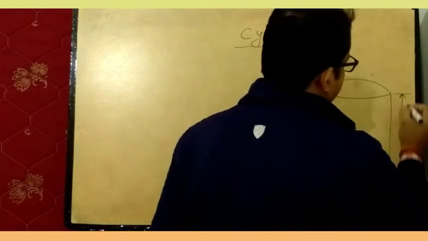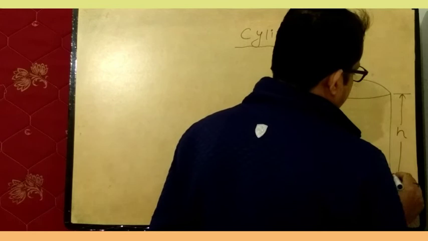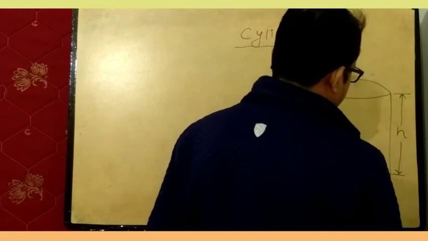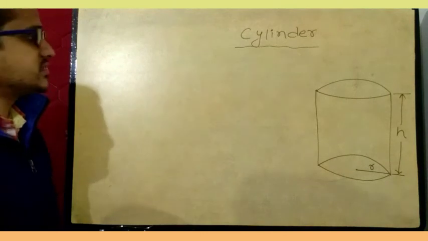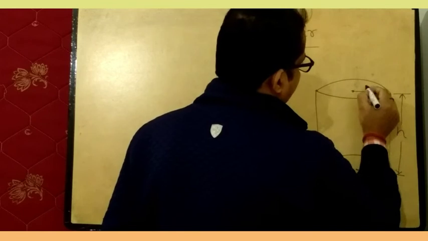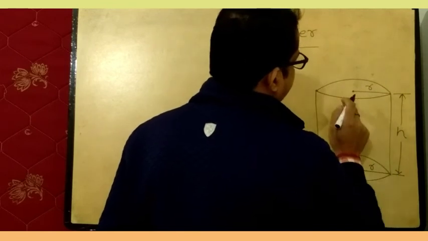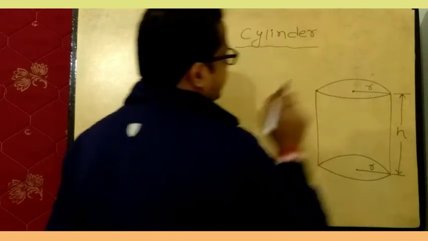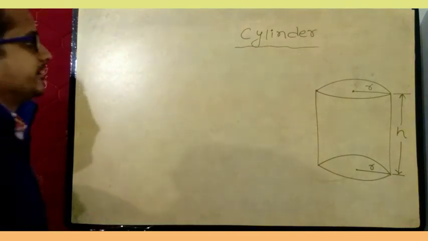Let us consider this is the height of the cylinder and this is the base radius of this cylinder. This is the top portion and the radius of this top portion of the cylinder is also r.